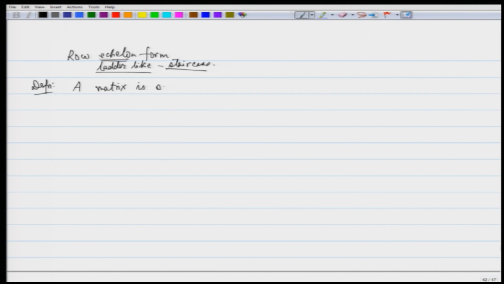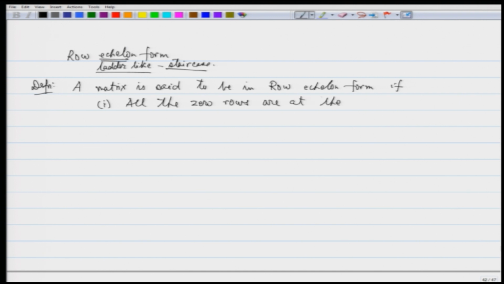A matrix is said to be in row echelon form if 1, all the 0 rows are at the bottom.